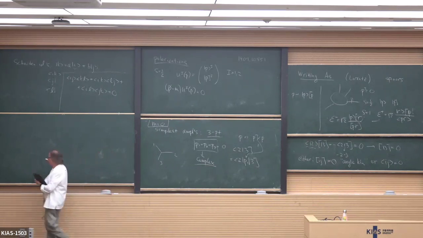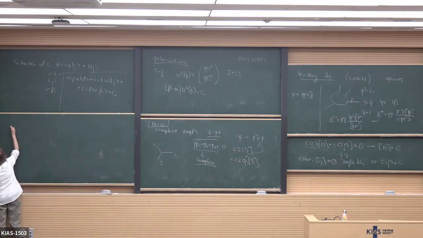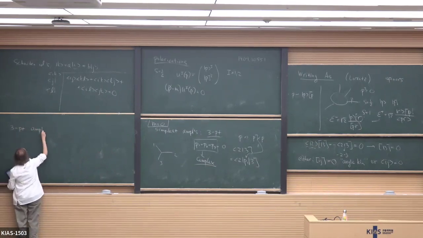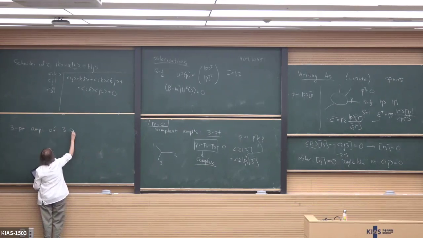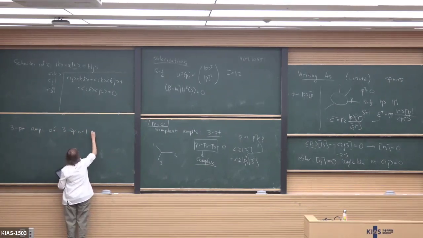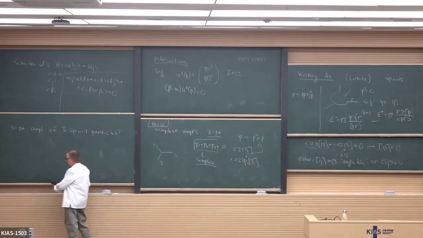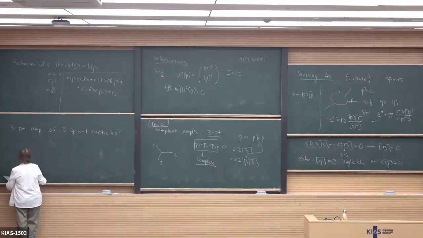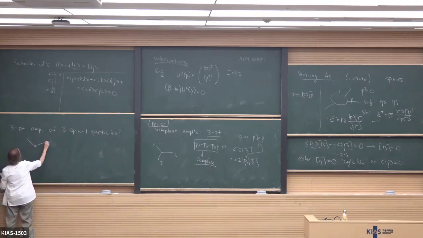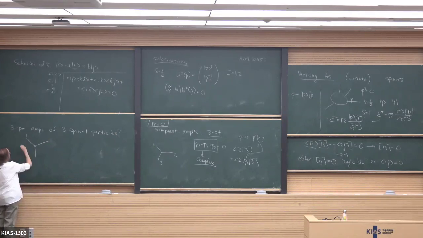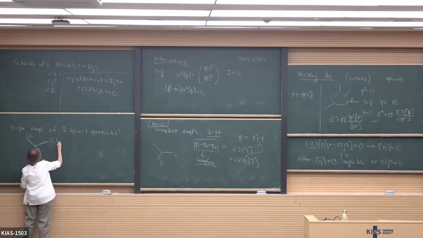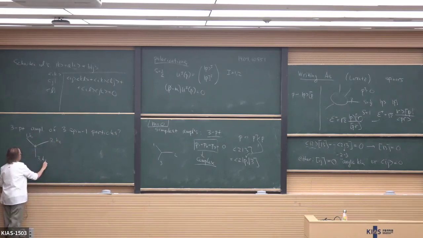Okay, so let's ask what's the 3-point amplitude of 3 spin 1 particles. I have particles with P1 that I'm denoting by 1, and some helicity H1, and then 2, H2, and 3, H3.